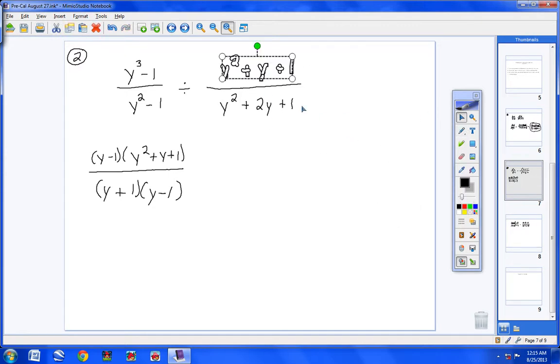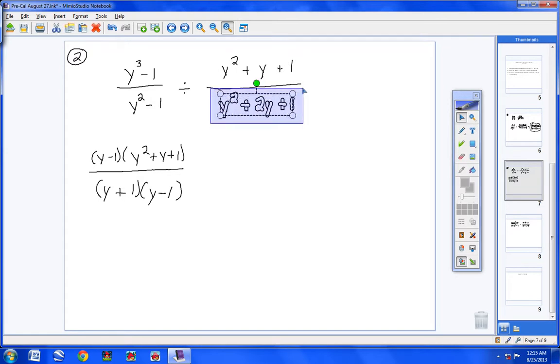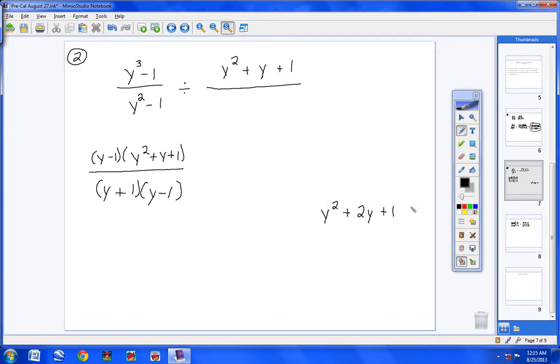Now let's see if this trinomial here is factorable. And I think this one will be. All right, I have a trinomial, can't pull anything out that's common. I have a lead coefficient of 1, so I list out the factors of 1, and the factors have to add up to positive 2.